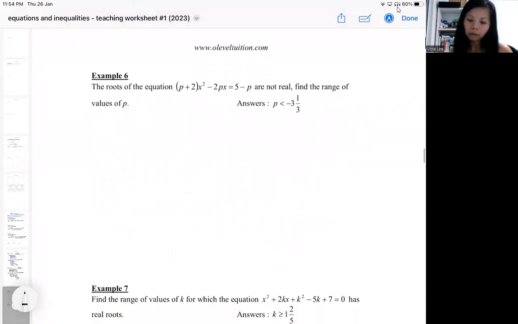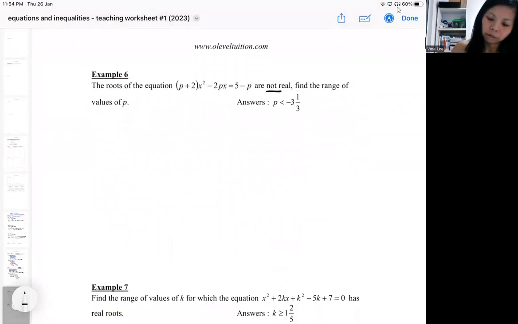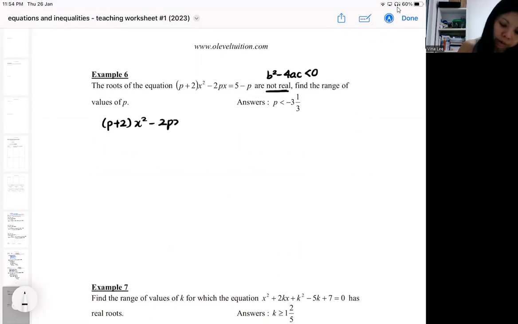So for example 6, the roots are not real, unreal roots. So this is the nature of the roots. It is indirectly telling us that the discriminant is actually negative. So again, I'm going to explore the equation first.